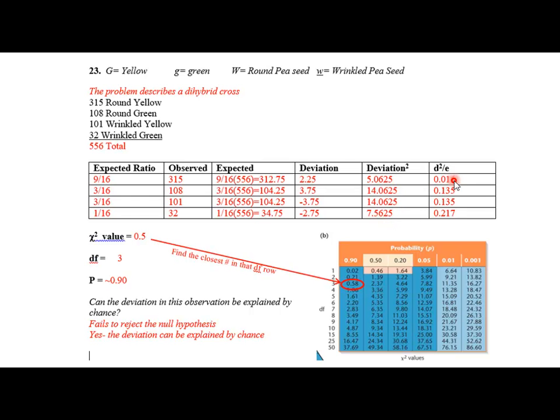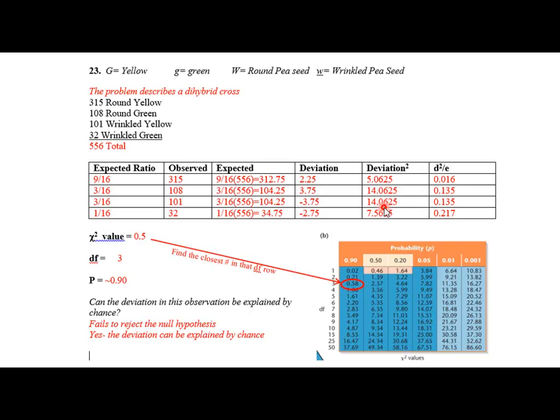Then to determine my chi-square value, it's the deviation squared divided by the expected. So this would be 5.0625 divided by 312.75, giving me 0.016. And this is 14.0625 divided by the expected of 104.25 to give me 0.135.